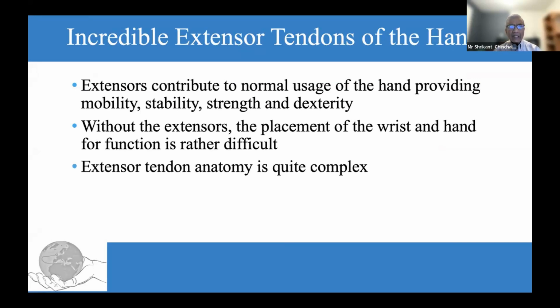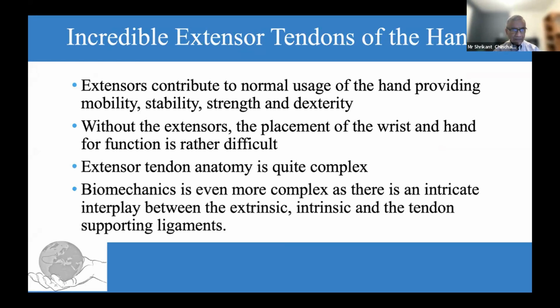If you systematically look at the extensor tendon anatomy, right from the origin of the muscles down to the insertion of these tendons, we can see that they have quite a complex anatomy. And if you compare the biomechanics of the extensor tendons in general, it's a lot more complex.